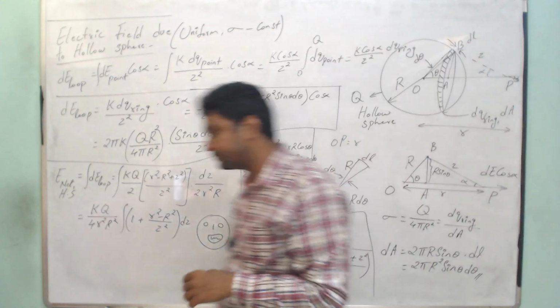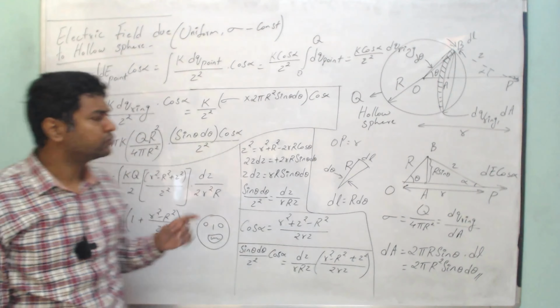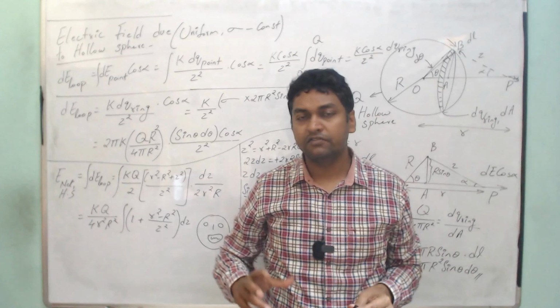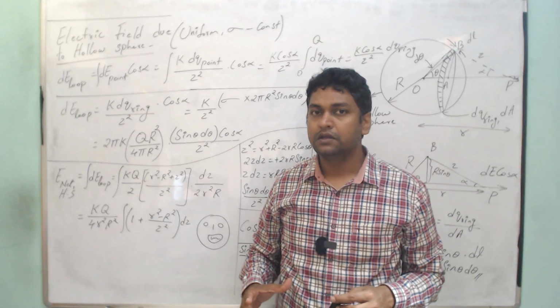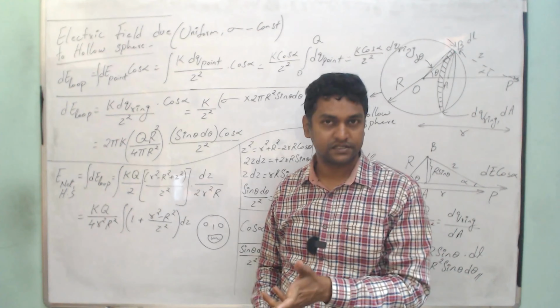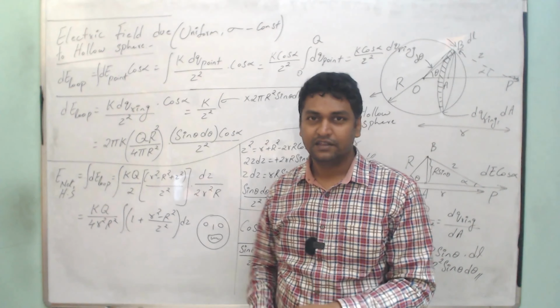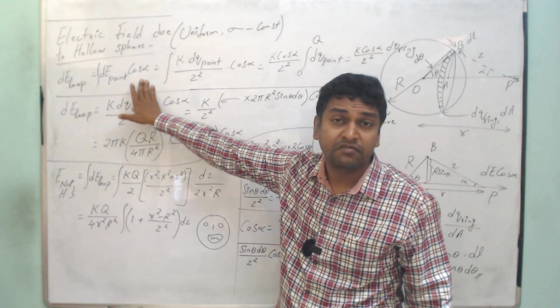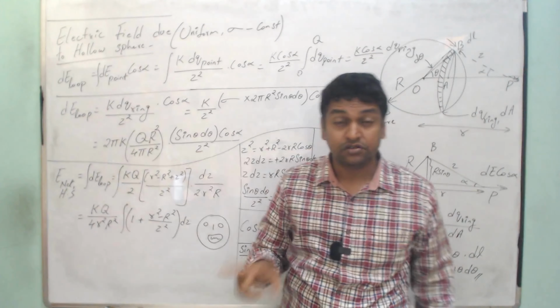And I want to discuss with you about sin alpha, cos alpha separately in a mathematical sense. Here, what I said was, anyways, my sin alpha will cancel, therefore I will take cos alpha. First point.